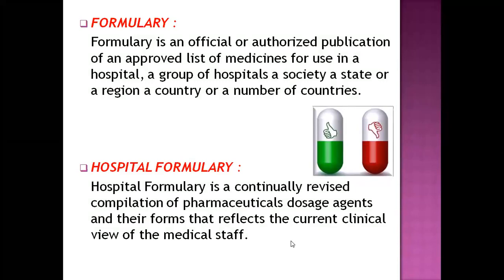A group of hospitals or a society or a state or a region or a country or a number of countries prepare the formulary. Formulary is nothing but a list of medicines approved by the concerned state, concerned nations, concerned hospital or concerned regions. That list is officially published. That is called a formulary.